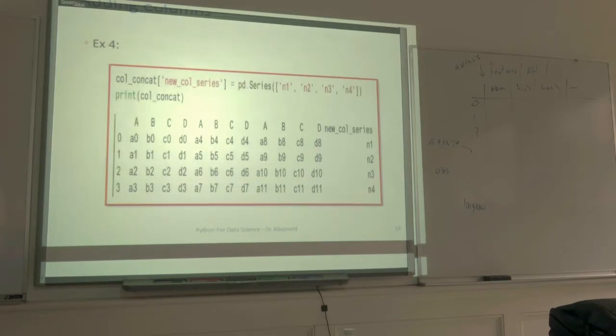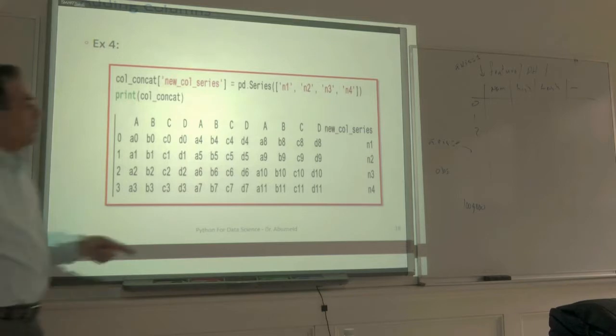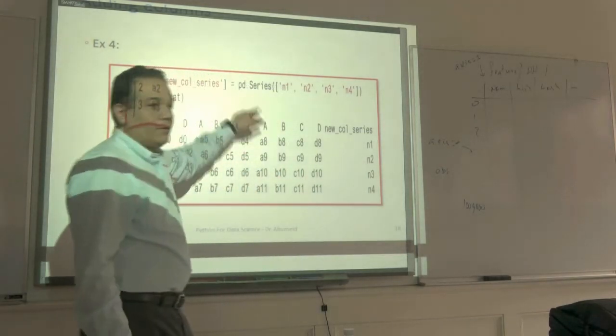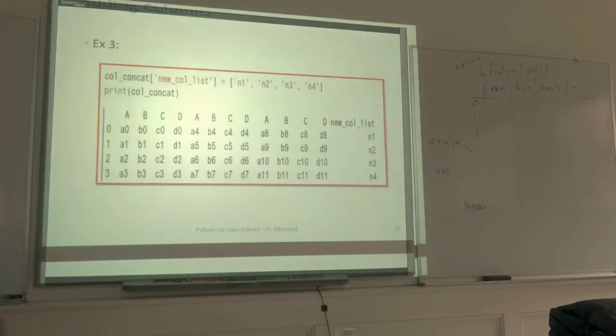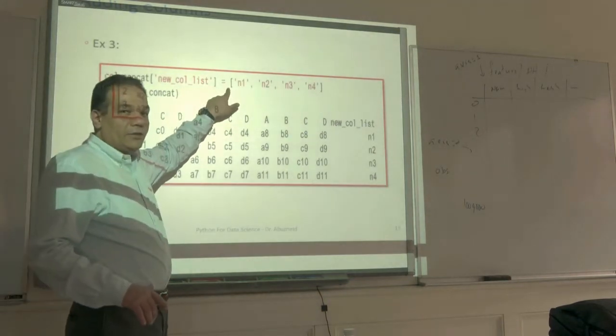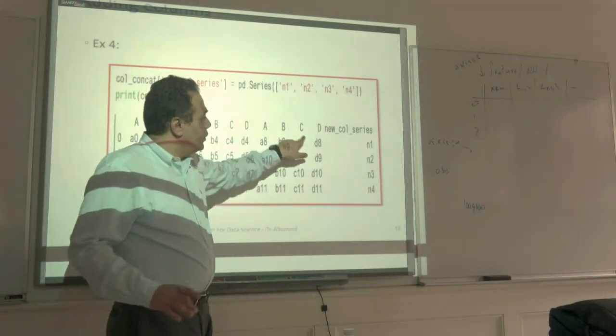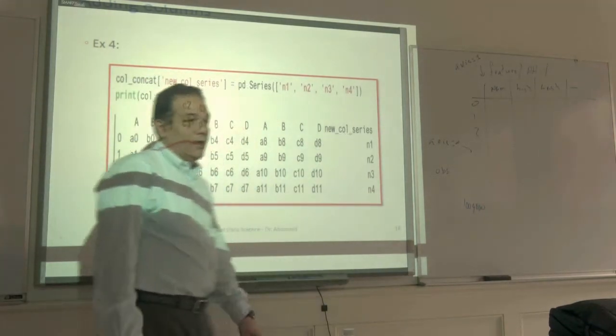In here, what we are doing is adding a column using a series. In the previous slide, I'm adding using a list. In here, using a series. It was added.